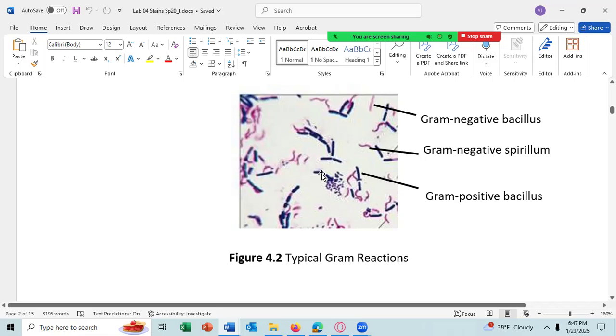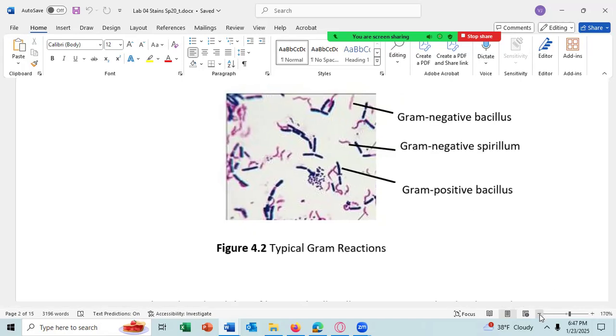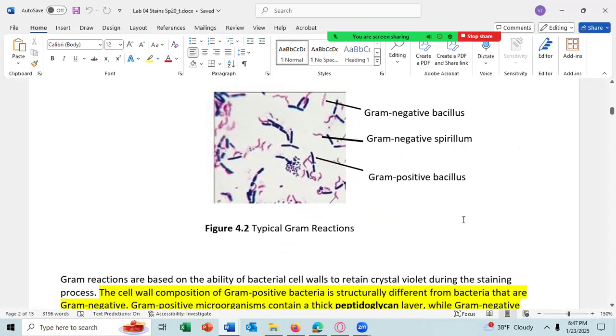I'm not doing too well today. But those are gram positive. And then there's gram-negative spirillum right there. There are no gram-negative rods that I see. Any question about any of that? If you note I'm saying something wrong, just correct me, please.